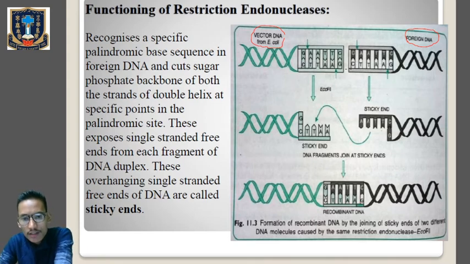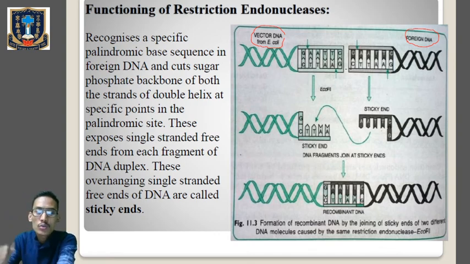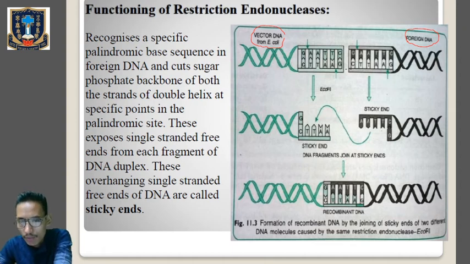So these sequences are recognized by the restriction endonuclease enzyme. After recognizing these base sequences, the restriction endonuclease enzyme will make a cut at the sugar phosphate backbone of both the strands of the DNA molecule. Okay, so you can see the arrow over here. So this means that they are cleaving the base sequences of DNA at the palindromic sites, on both the strands of DNA, in the foreign DNA as well as in the vector DNA.